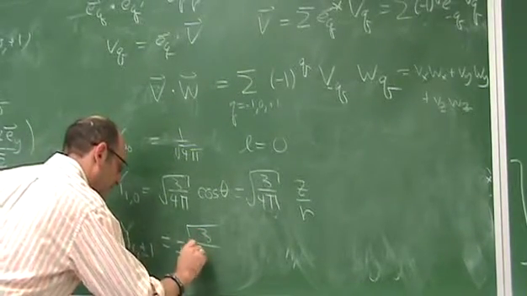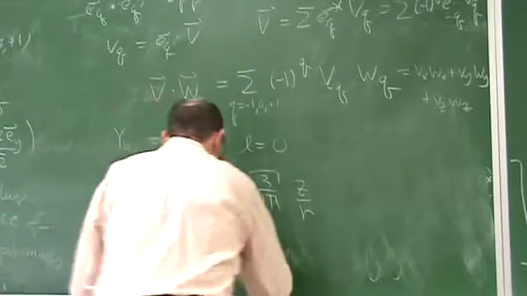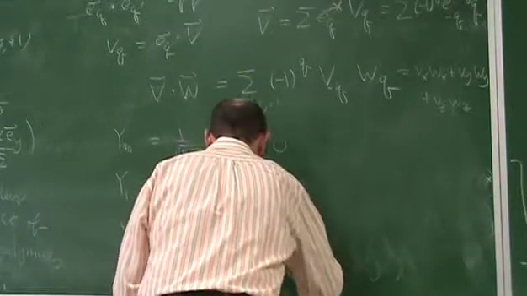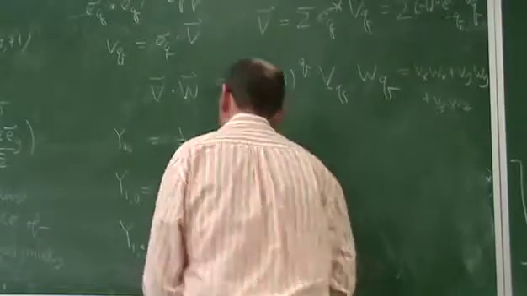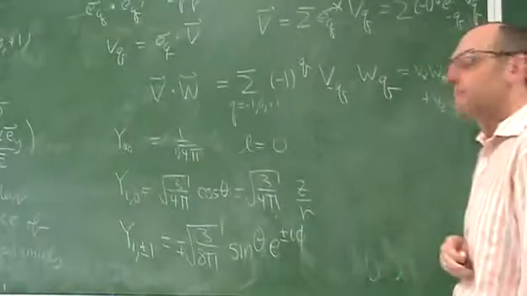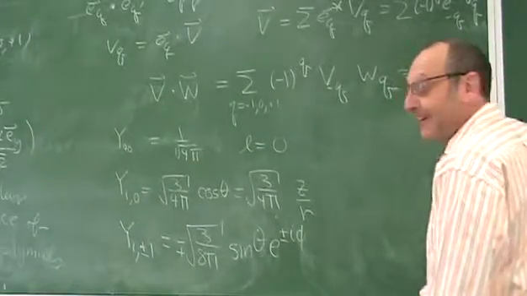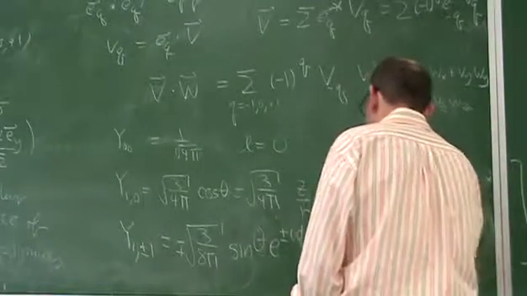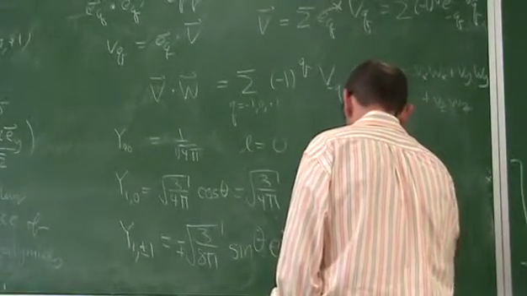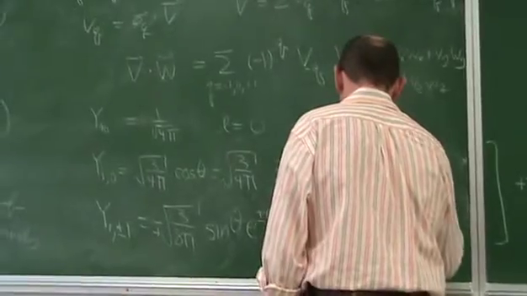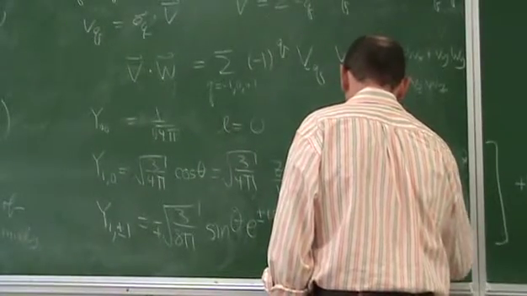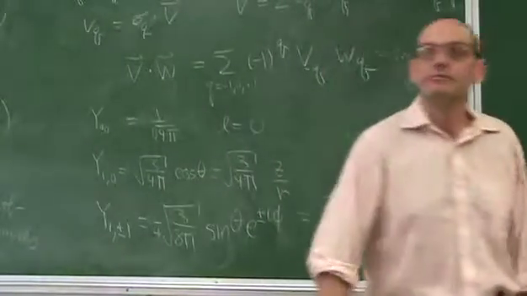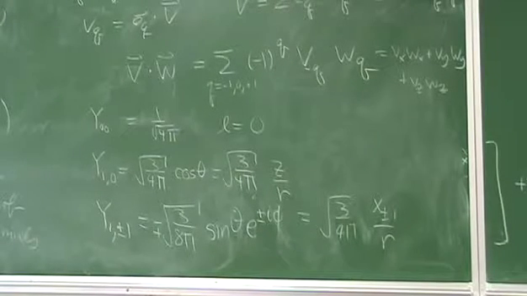This is minus plus the square root of 3 over 8 pi sine theta e to the plus or minus i phi, if I got it right. And that's equal to the square root of 3 over 4 pi times x plus or minus 1 over r.